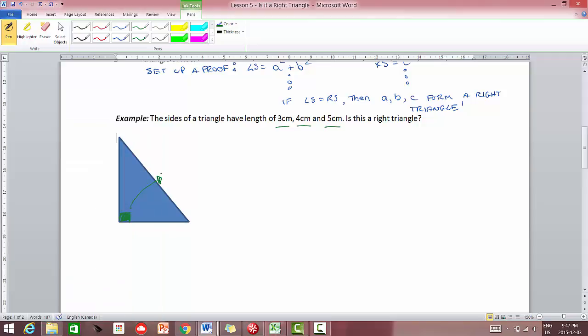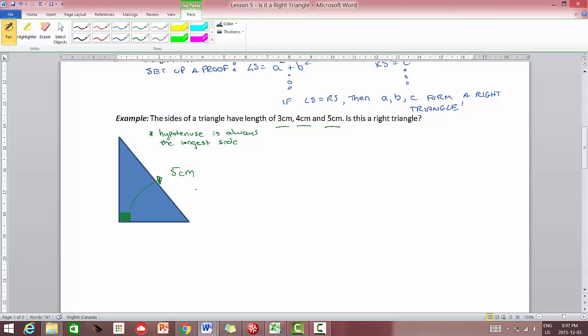The hypotenuse is always the longest side, so we can even put a little note there. Out of these three numbers, the longest side is actually 5 centimeters.